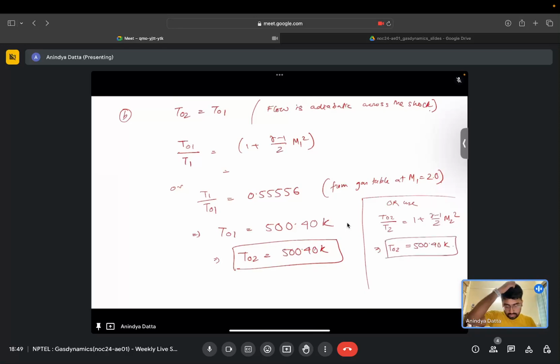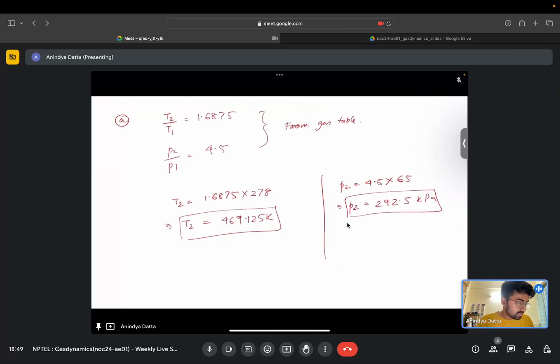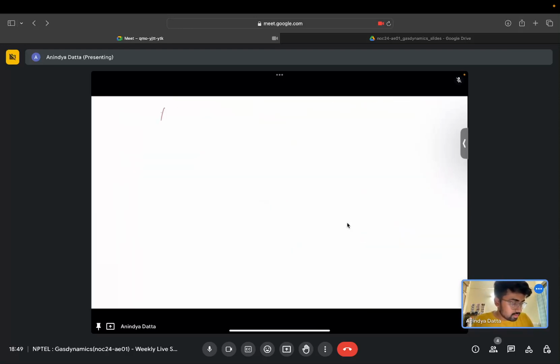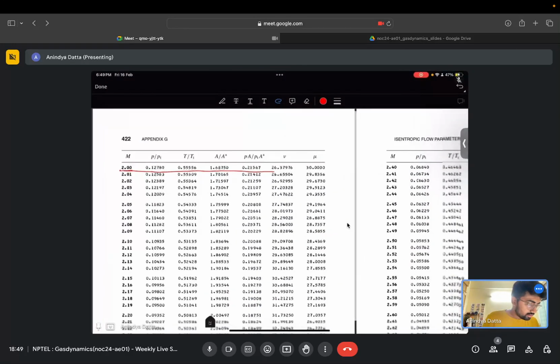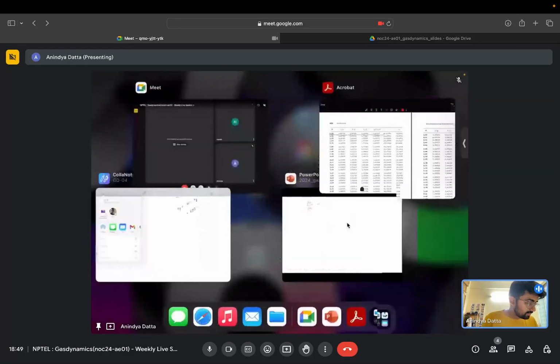Okay, what we need to find out next is the total pressure downstream of the shock, so stagnation pressure downstream of the shock, P02 by P1. Let's first find P01.